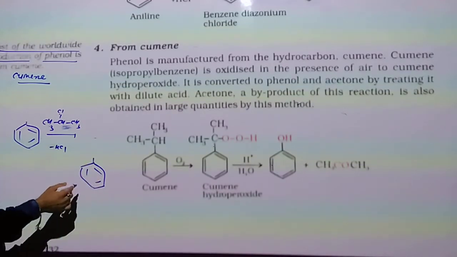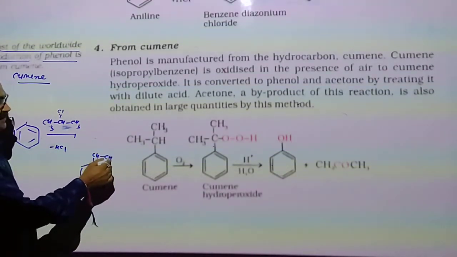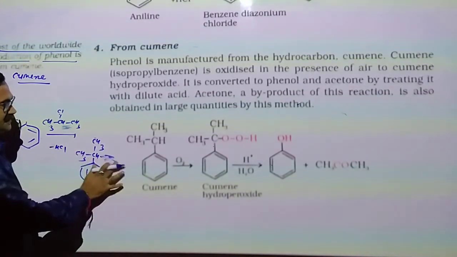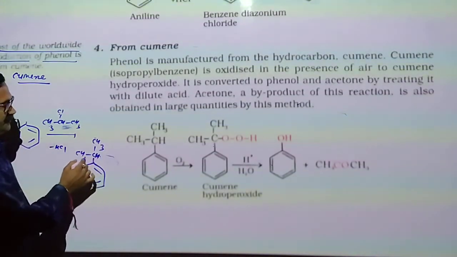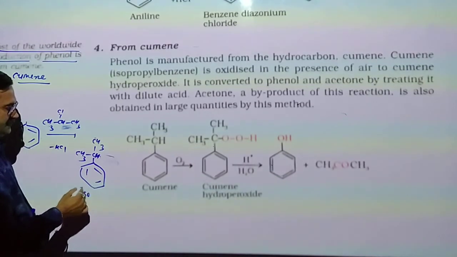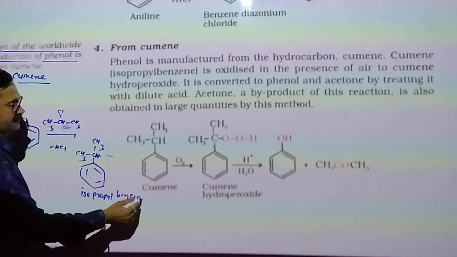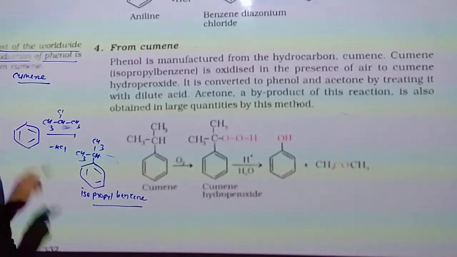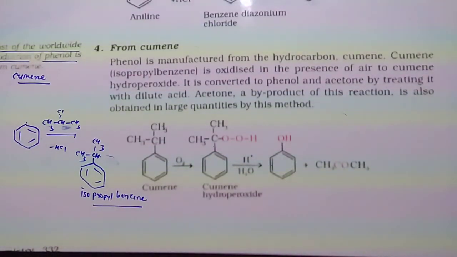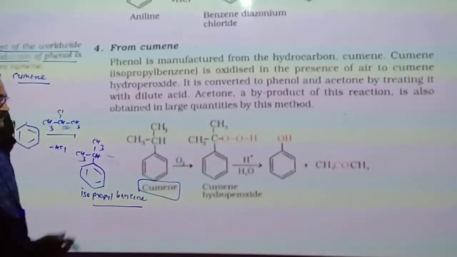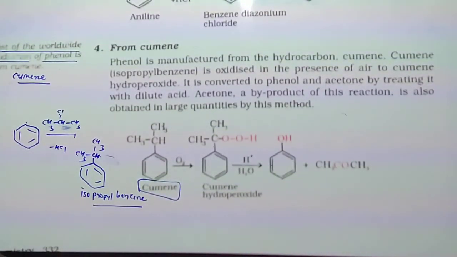Here, directly given, so CH, CH3, CH3. Otherwise, like this. Actually, the IUPAC name is isopropylbenzene. In honor of the scientist, the common name given to the compound is cumene, and the IUPAC name is isopropylbenzene.